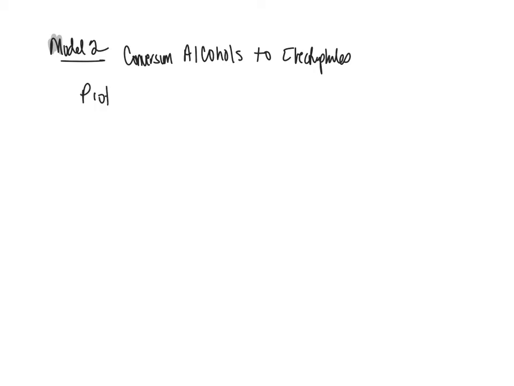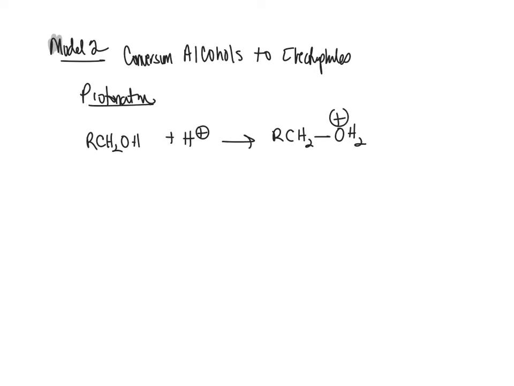So if we do protonation, you take an alcohol here and you protonate it, now it is a leaving group. When you have a leaving group, that makes it an electrophile. This is your protonated alcohol.